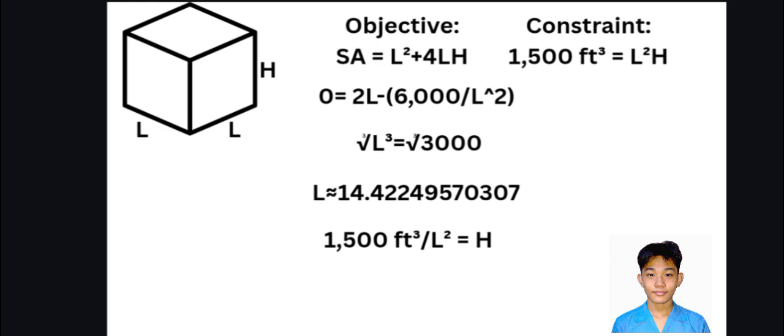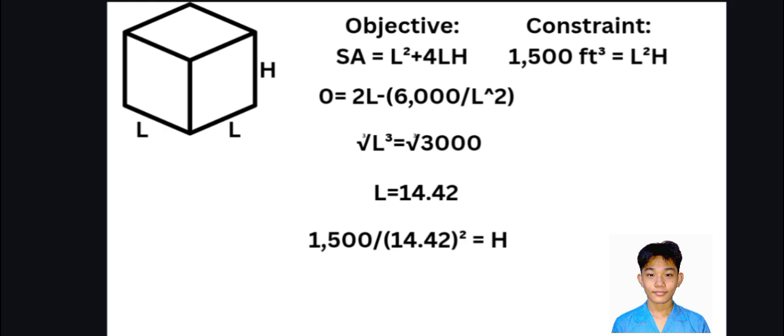And remember that H is equal to 1,500 over L. Let us assume that L is 14.42, and that will be the value that we will substitute in the formula of H to solve for H itself.